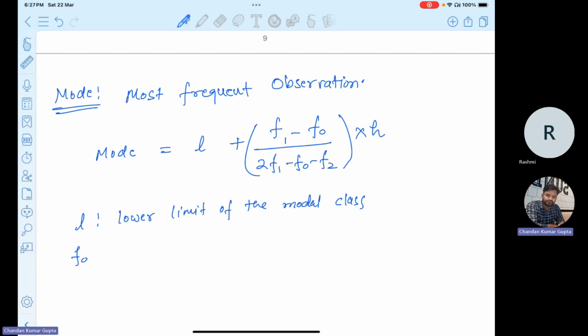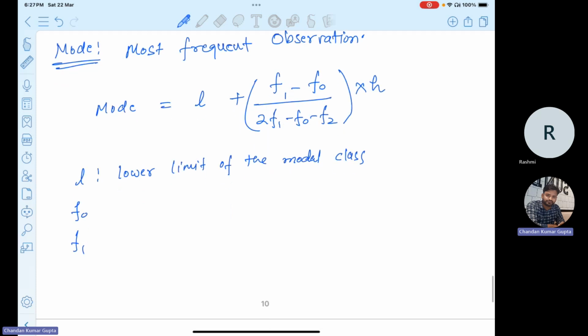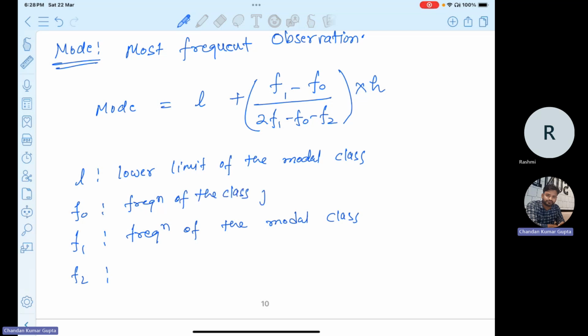And there are f naught, f1 and f2. f1 is the frequency of the modal class. f naught is the frequency of the class just preceding the modal class.